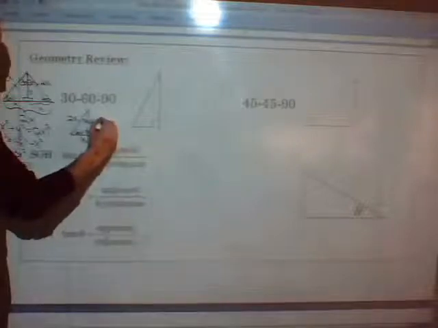The one side here was x, the diagonal here was 2 times x, and the altitude here was y, but we just found out that y was x square root of 3. So now you had a rule that allowed you to generate the sides of all three parts of the triangle.